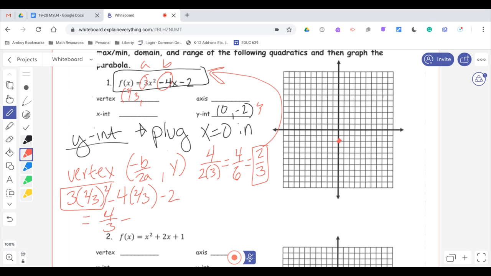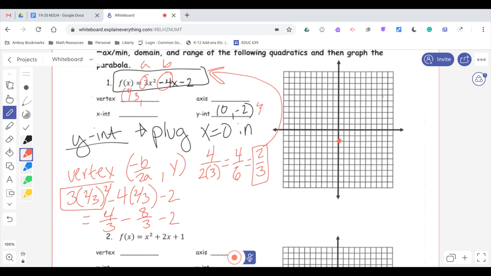This will come out to be negative 8/3 minus 2. So if I combine these, 4 minus 8 is negative 4.